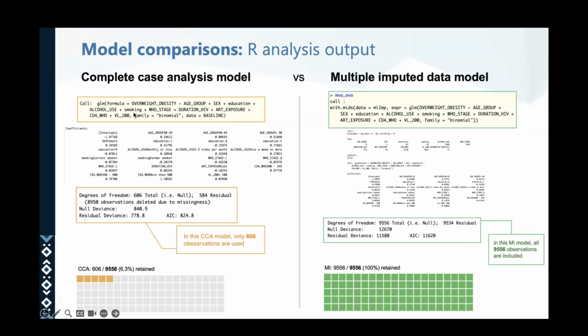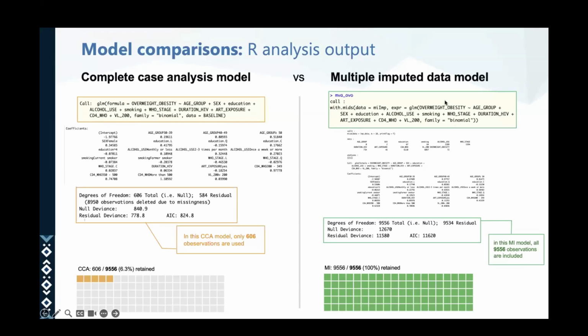We have CD4 count and viral load in this model. So all those missing CD4 and viral load will automatically be taken out. In this model, we see that the model includes only 606 out of 9,556 participants. So this complete case analysis utilizes only 6.3% of the data.